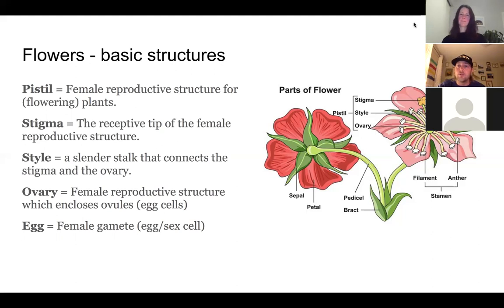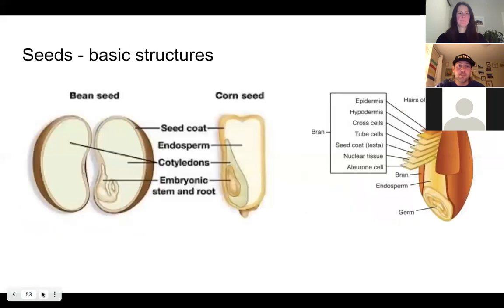If successful pollination occurs, the pollen will land on that stigmatic surface, and it actually grows a tube down through the style where hopefully it fertilizes the egg, and that initiates the maturation of those seeds. And that brings us to our little basic structures of the seeds.